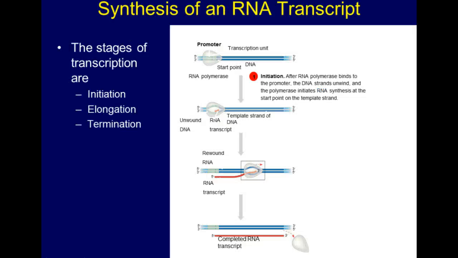Okay, so let's try and break this process down so we can understand it a bit better. It's important to remember that it's both the instructions to build a protein and the amino acids necessary to build it that need to get to the ribosome before a protein can be manufactured or synthesized. We're first going to focus on getting the instructions from DNA in the nucleus to the ribosome.